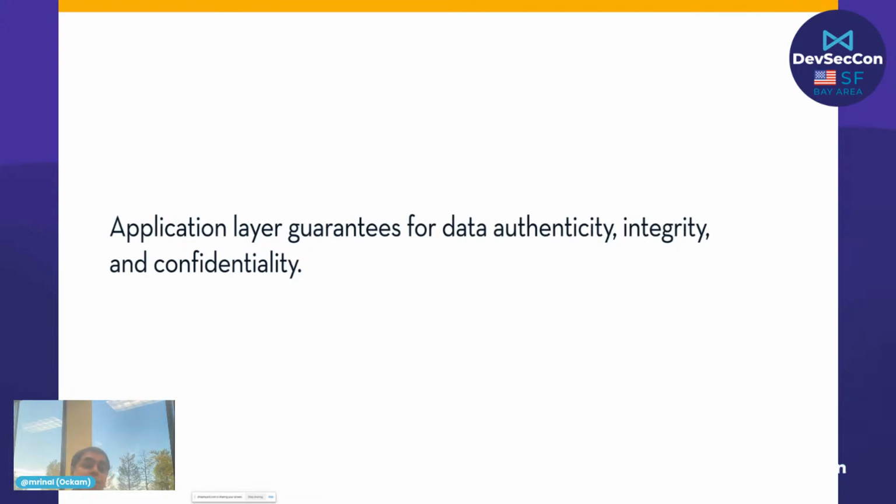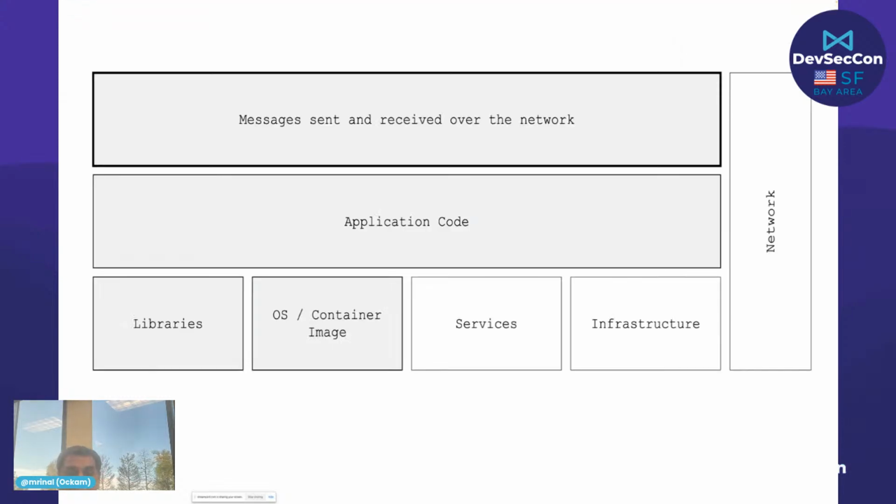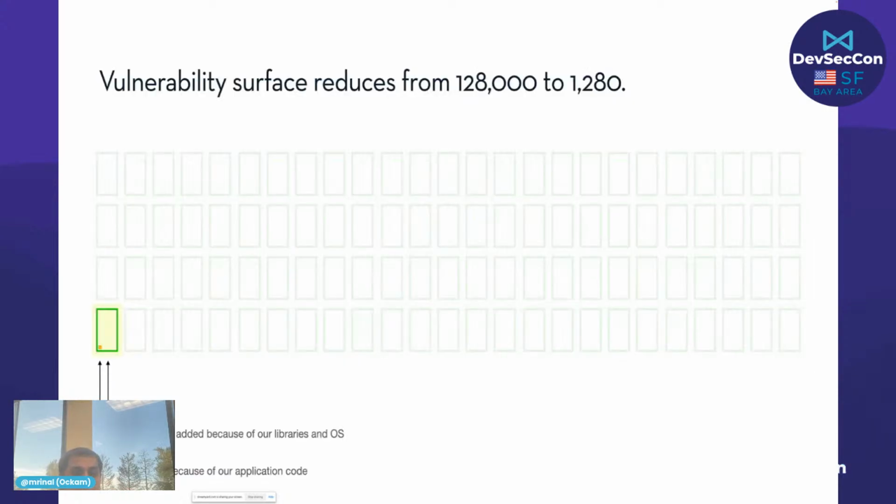That brings me to the topic of my talk, which is that we need to think about application layer guarantees of data authenticity, data integrity, and data confidentiality. That is how we can get control of that massive vulnerability surface that has to do with external services and infrastructure. That's what we're focused on: the problem of messages sent and received over the network.